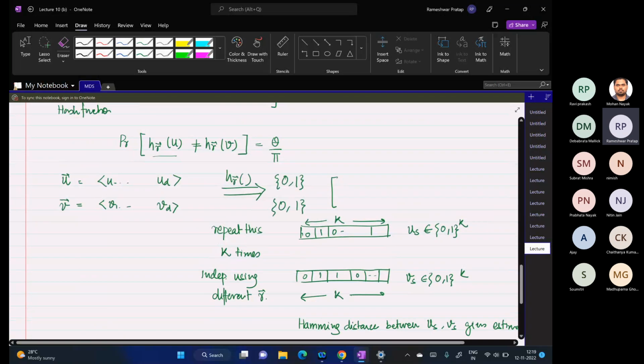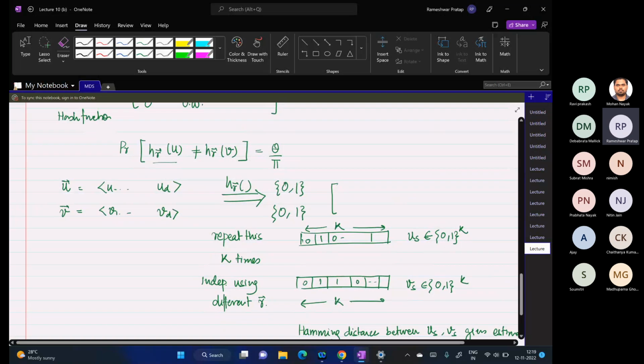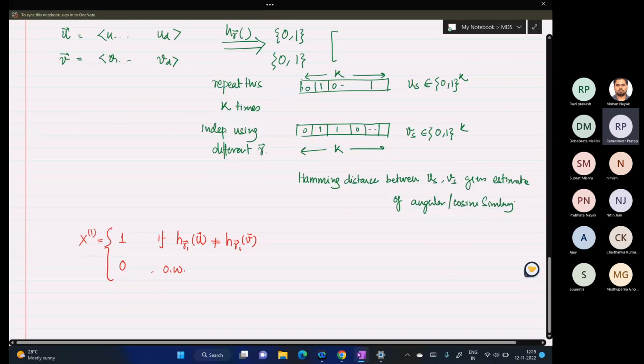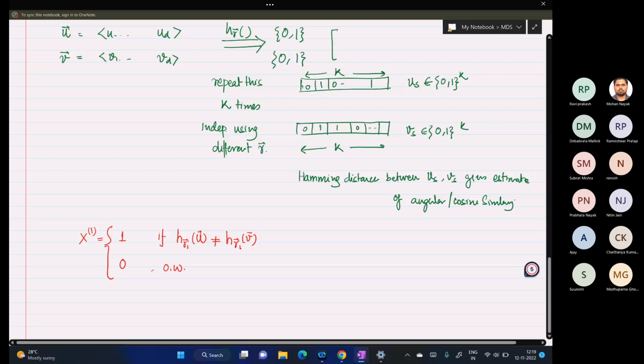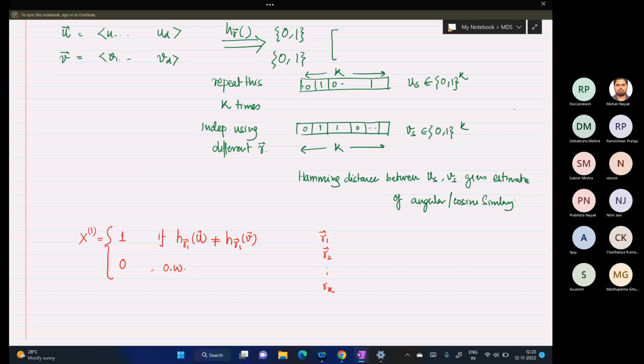Basically we are trying to capture this thing via an indicator random variable. We are repeating this k times, so each time we use different random vectors, where this ri is from.